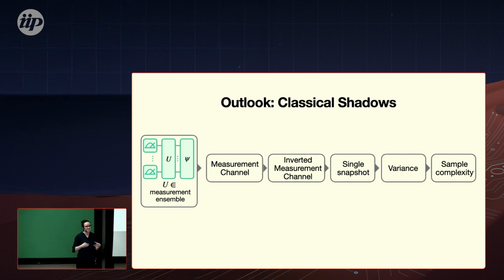So what actually happens with the state in the device, if we do this many, many times on average, we will see that it's a very structured and easy channel that we can calculate. We can invert that channel in post-processing, and by inverting that, define what a single snapshot or a classical shadow of our quantum state is. With this single snapshot, we can also estimate everything that we want.